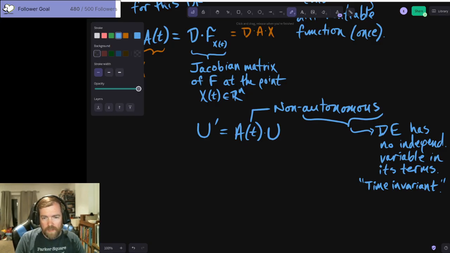Okay, so what we're going to do here is define one more function, which is great because we've got a whole bunch of functions in here already.